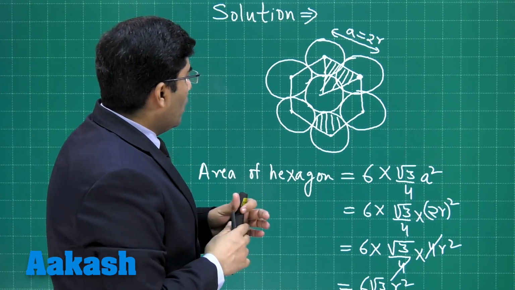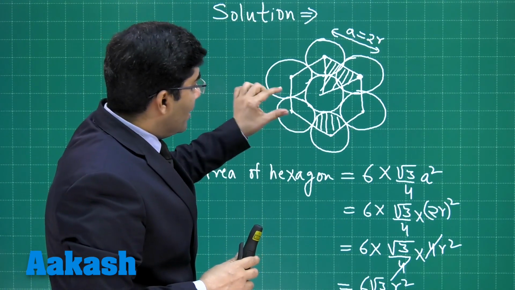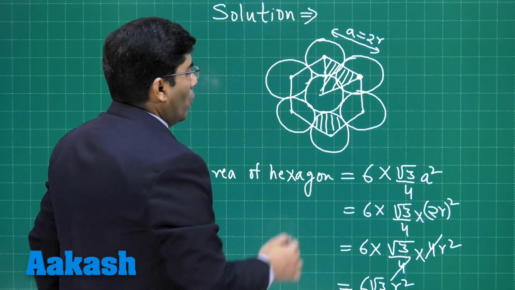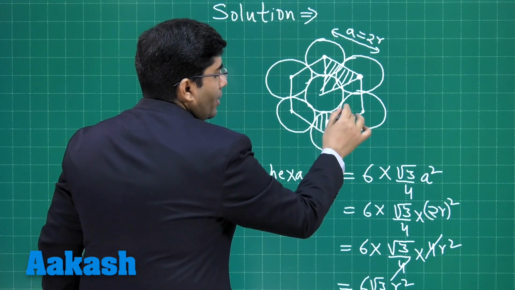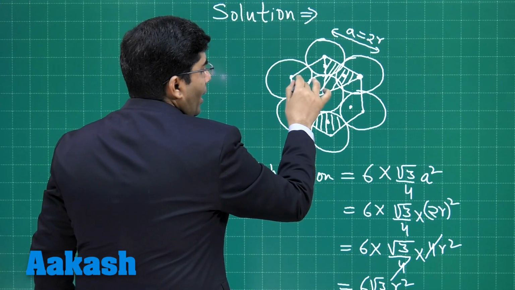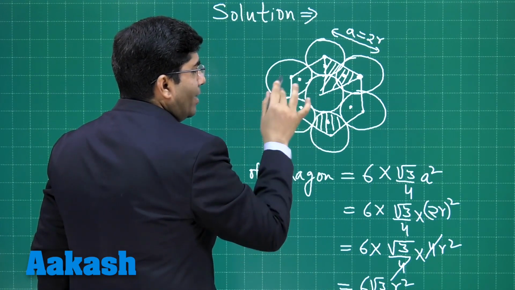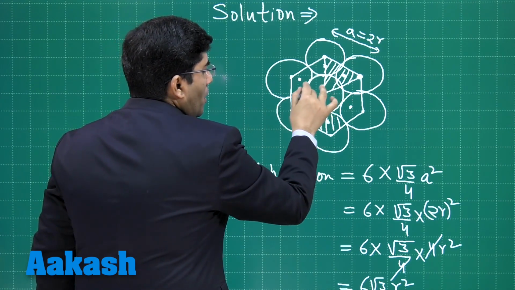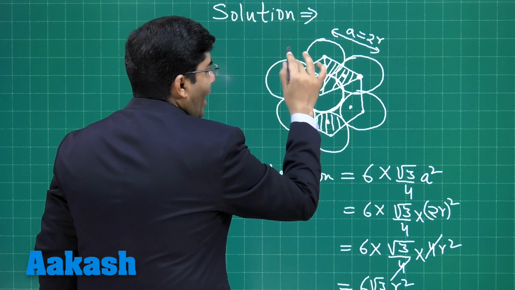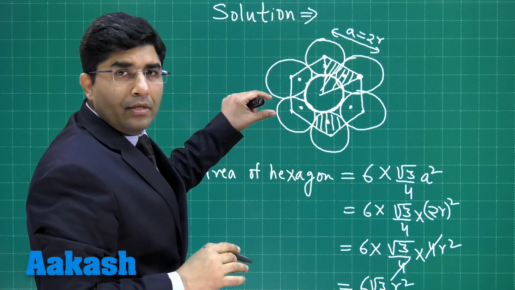So what we have to do, we have to multiply this part by 6, because we have 6 sections like this, one here, here one, another one, another one, another one here, and one more here, because 6 atoms are touching this middle circle. So we have 6 sections like this, right?